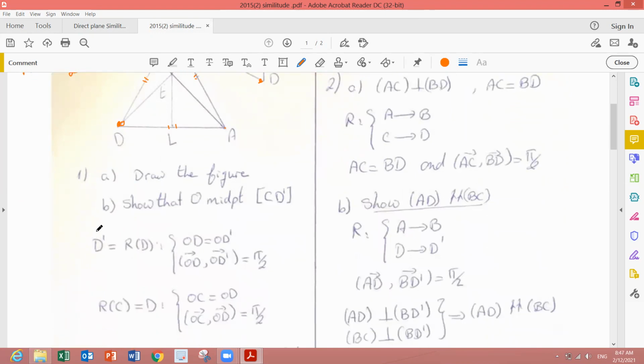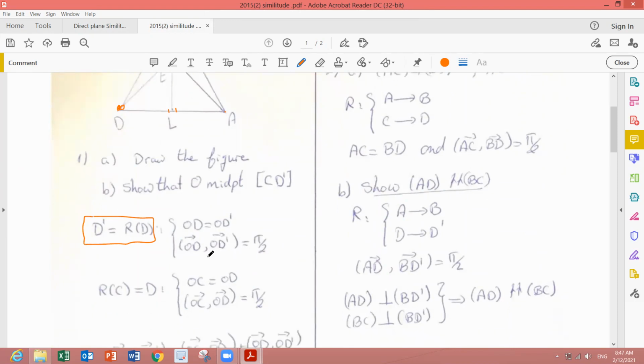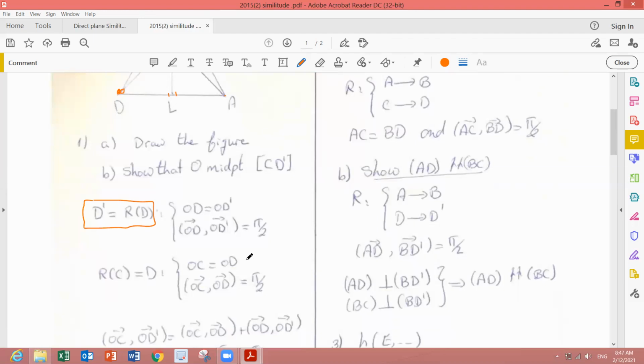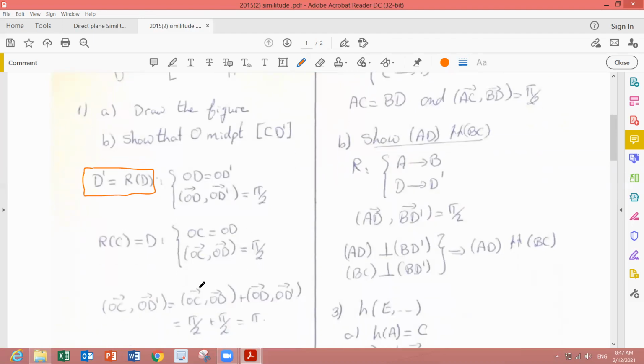From the given, I have D prime is the rotation of D, which means OD equals OD prime and angle DOD prime equals 90. Rotation of C equals D, meaning OC equals OD and angle COD equals 90.